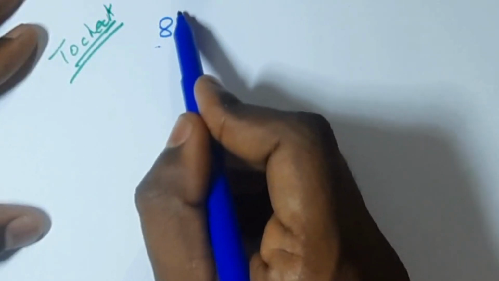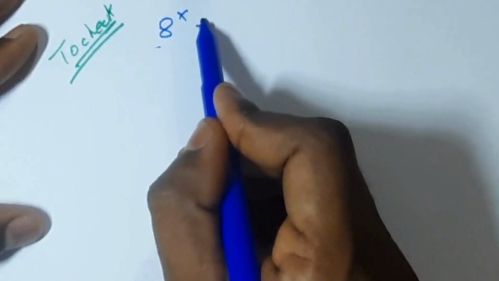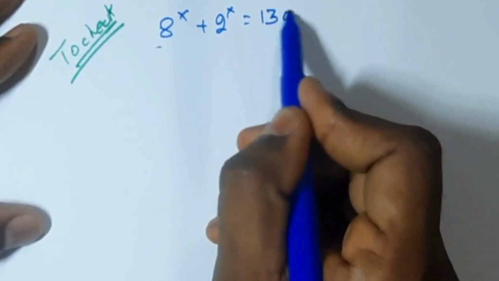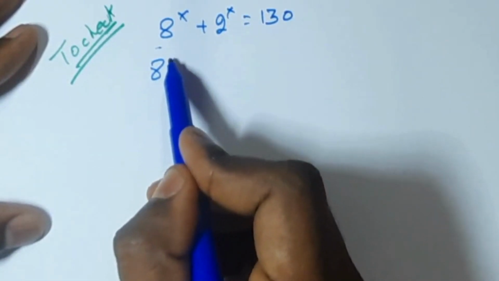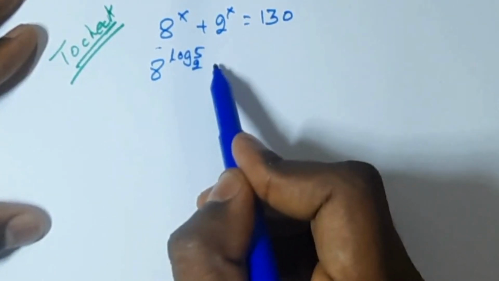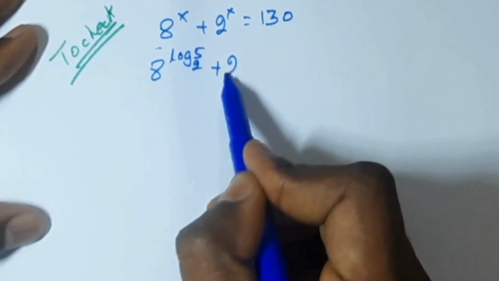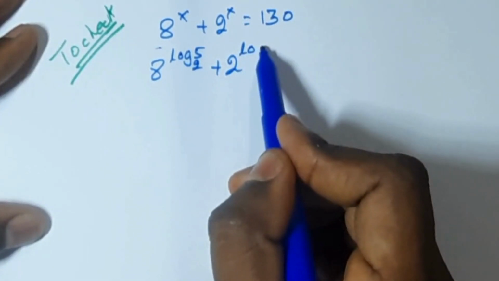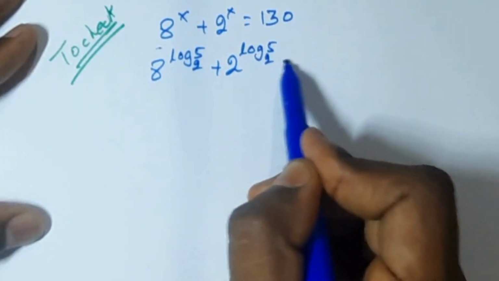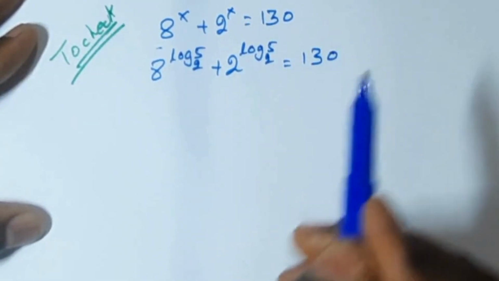To check, 8 to the power of x plus 2 to the power of x equal to 130. 8 to the power of log 5 base 2 plus 2 to the power of log 5 base 2 equal to 130.